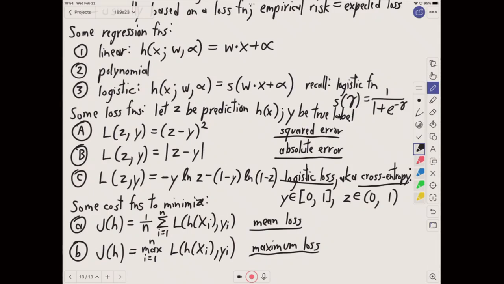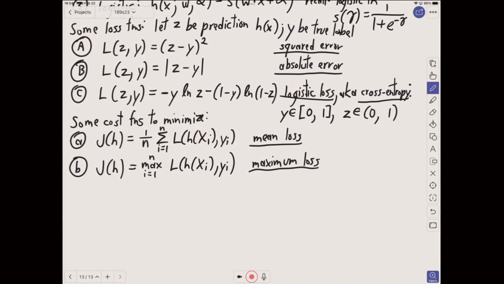If you think your labels are very accurate, then why not try to minimize the biggest loss so that all your losses are small, rather than having this weird tradeoff between different losses with the square, with the sum. But again, this is less popular not because it makes less sense than the mean loss, but because it's harder to optimize.